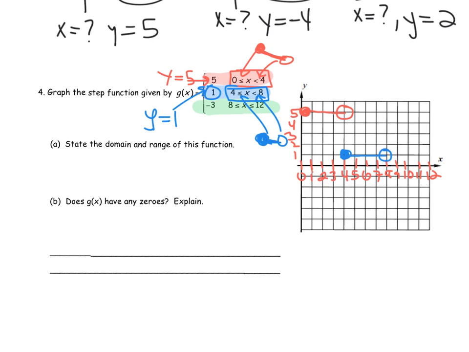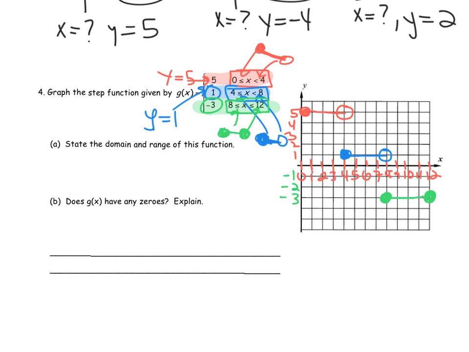All right. And now lastly, my y value is at -3 when x is between 8 and 12. And notice they both have closed circles. So when x is between 8 and 12, they both have closed circles. And there's your step function again, guys. They should all be horizontal.